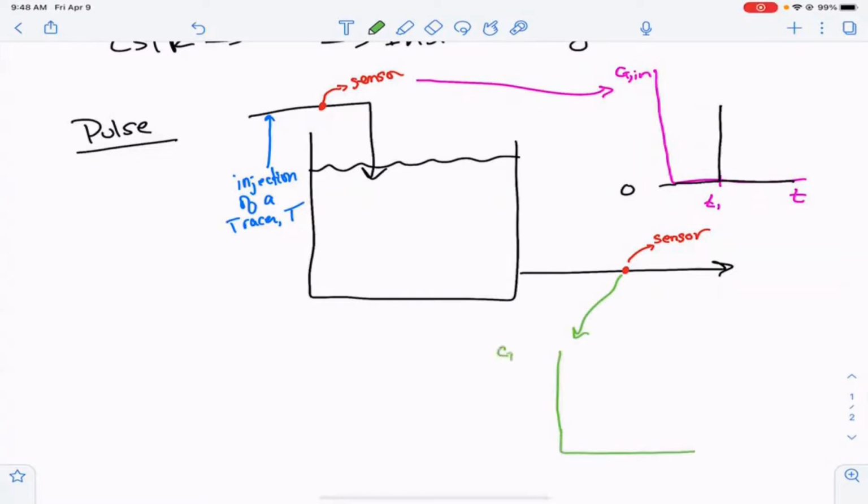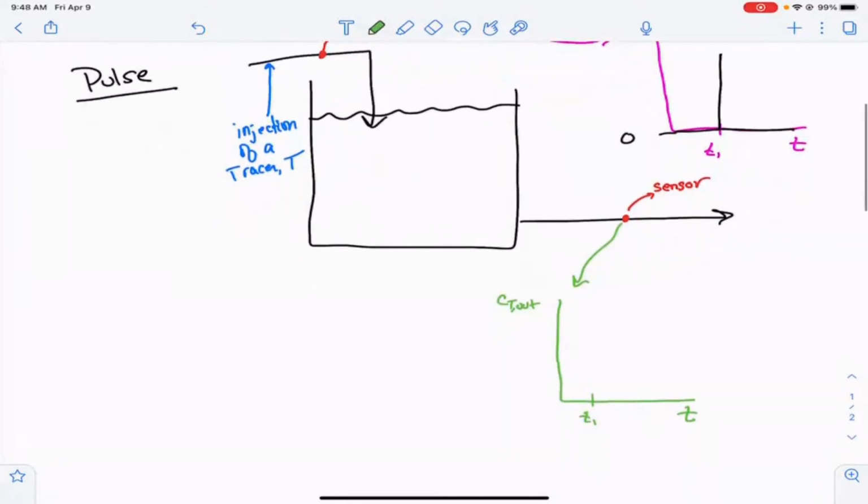And we're going to measure the concentration of the tracer as a function of time. And we have some time T1. And then the other time that is important here is T1 plus tau 1, right?